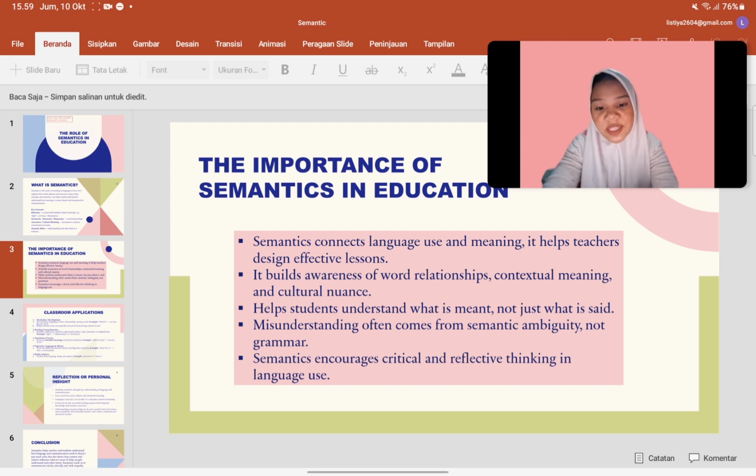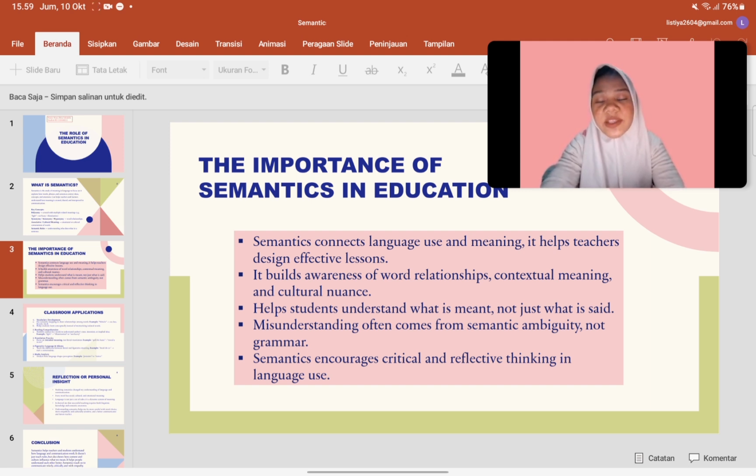Many misunderstandings in communication happen not because of grammar but because of unclear meaning or ambiguity. That's why semantics is essential. It encourages learners to think critically and reflectively about language.